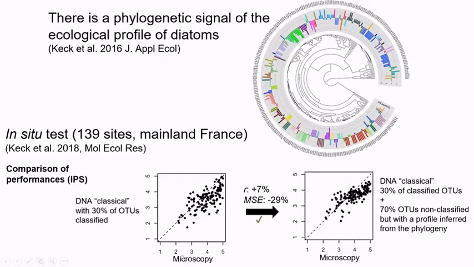And he was able to improve by, so here these are the correlations, 7%, so a good improvement. And the differences between microscopy and DNA were also reduced by, let's say, 30%. So here you have microscopy, and here you have the phylogenetic inference Diatom index, so this mixed index. So good result.